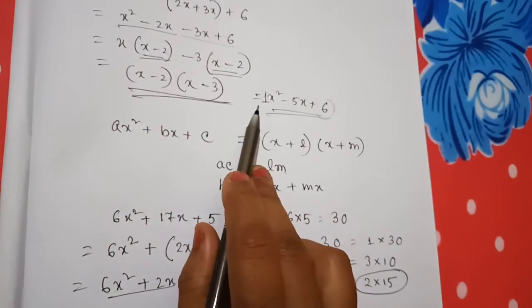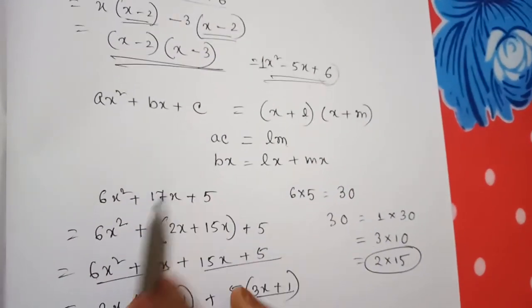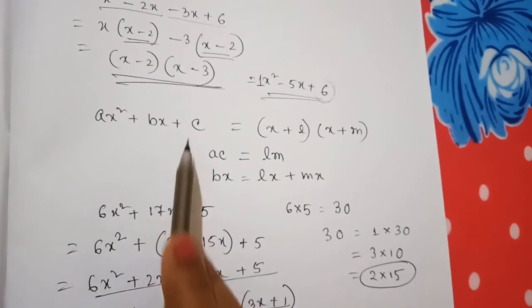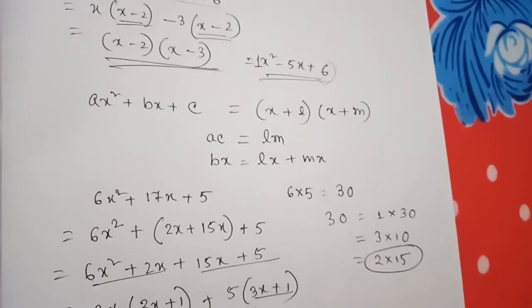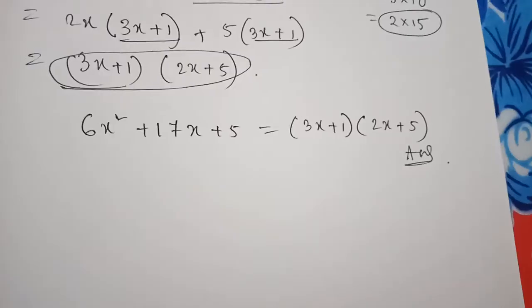Just here it was 1, that's why 6 into 1 means only 6, and here it is A and C, so we need to multiply A and C together. Here it is 5 and 6, so it's 30. It's very simple like previous, but you need to practice on it.